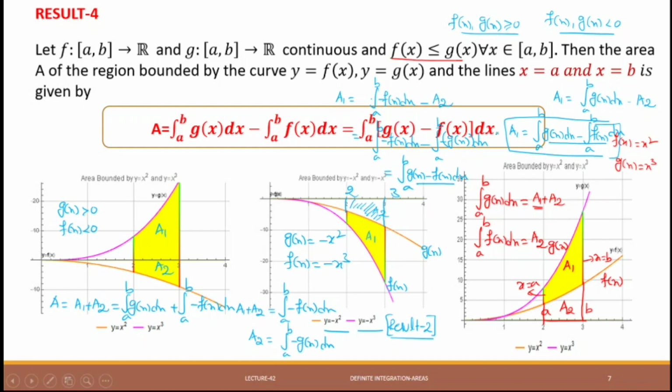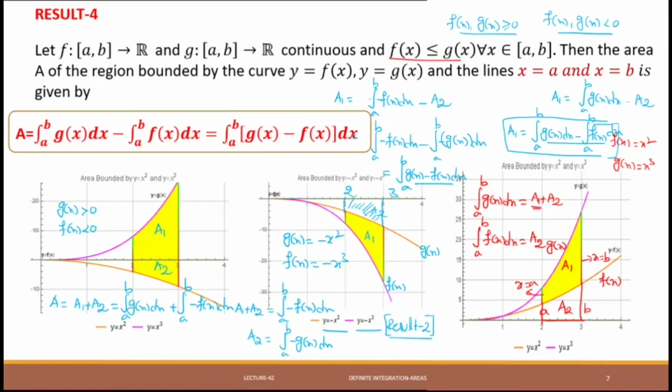Hope you have understood this result both mathematically as well as graphically. Let me discuss the next result. Here is the statement of the next result.